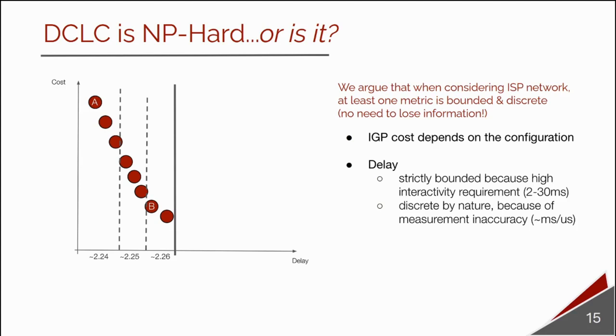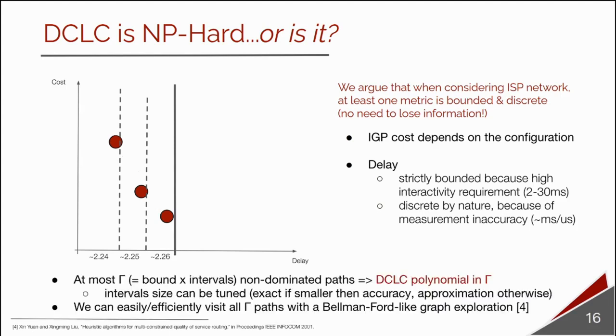And for each of these discretized intervals, you can then discriminate the paths which have the same approximated delay thanks to the cost. And thanks to this discretization that we just did, you will only have one path per delay interval within the bound. We refer to this number of paths as gamma.